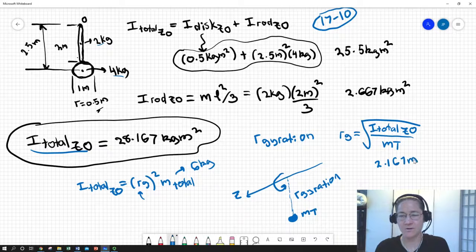and in this case that gives us 2.167 meters. So if you're looking back up here at our problem, we got point O. If we were to measure down about that far, if we took all of the mass and put it right at that point, we would end up with effectively the same moment of inertia as the body that we were given with the disc and the rod.